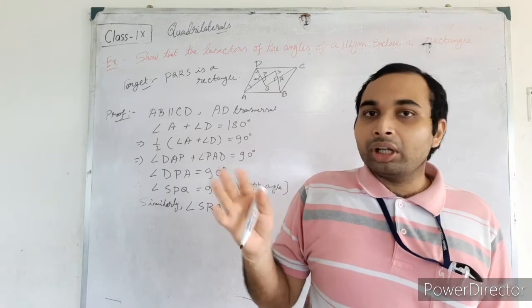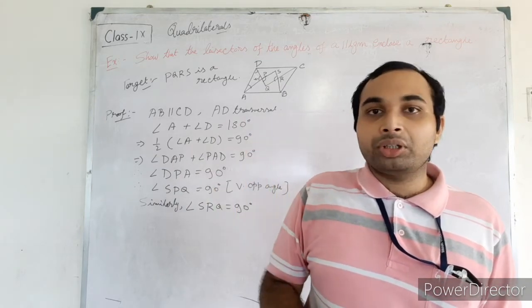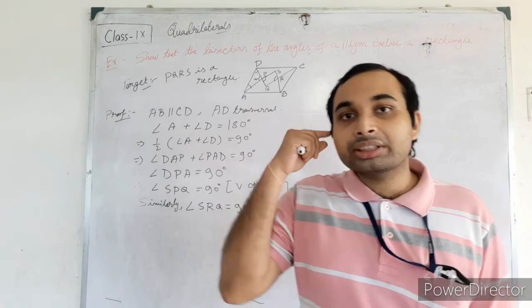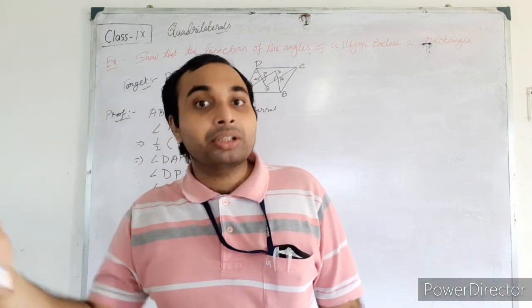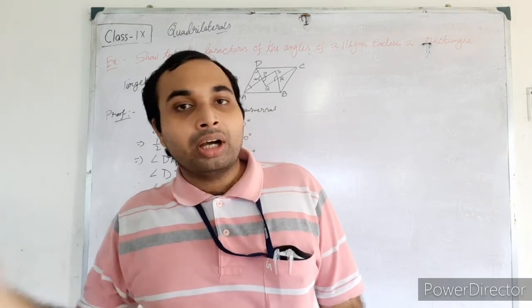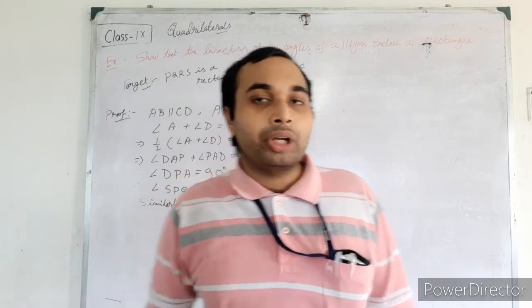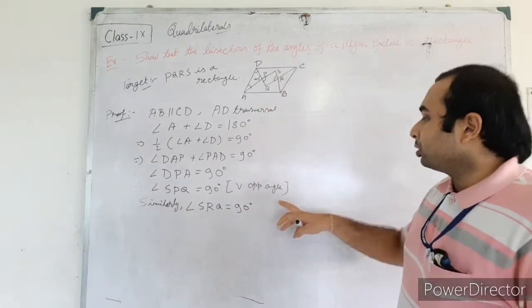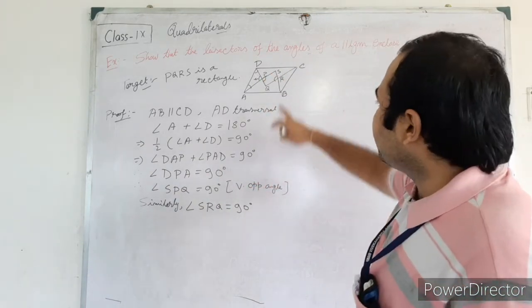There can be a square also, but a square is a type of rectangle also. So the parallelogram is the more generalized part, after that the rectangle, after that the square. I have told you those in class 7. You know this one. Okay. So angle SRQ equals 90 degrees.